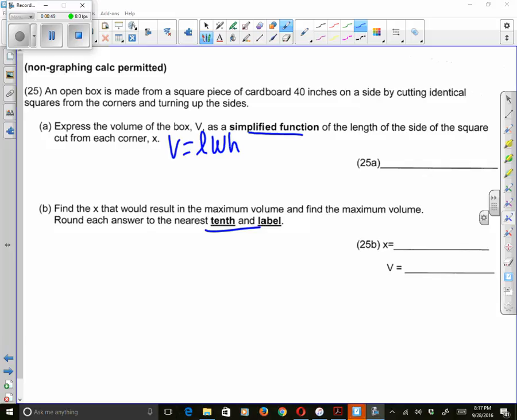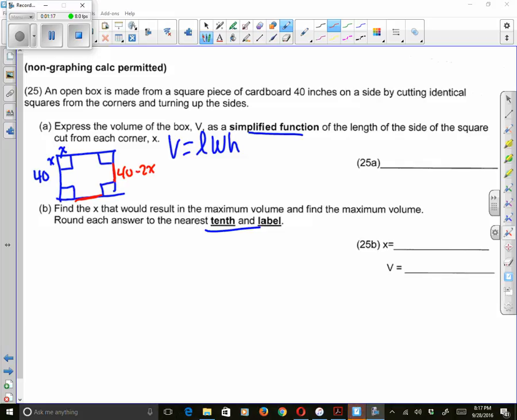All right, so real quick, let's start out. If I've got some square piece of cardboard that's 40 inches on a side, and I cut squares out of the corner, and those squares out of the corner are x and x, the length of my sides here and here are now going to be 40 minus 2x.